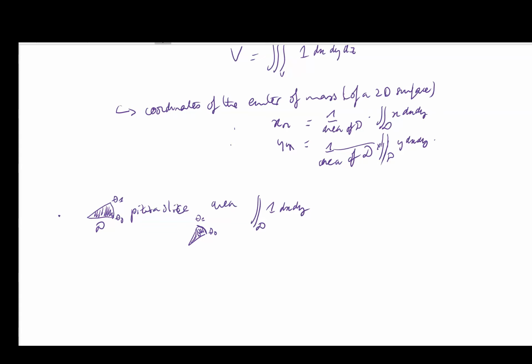So you know that you should go to polar coordinates. In polar coordinates, let's say that your pizza has a radius, let's call that r.